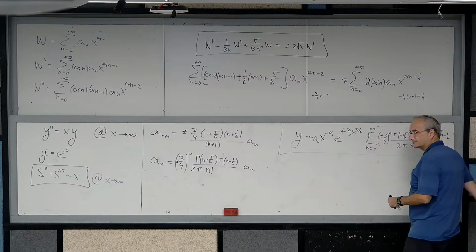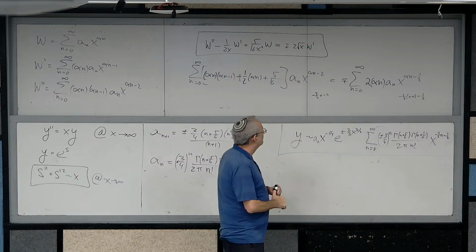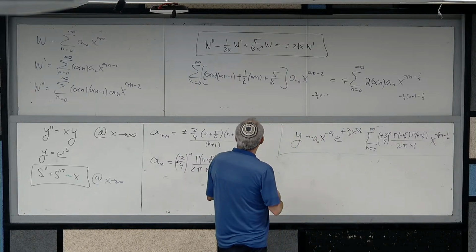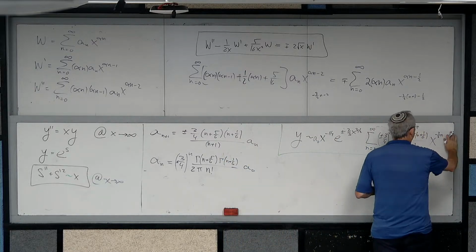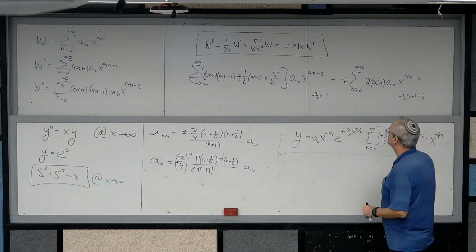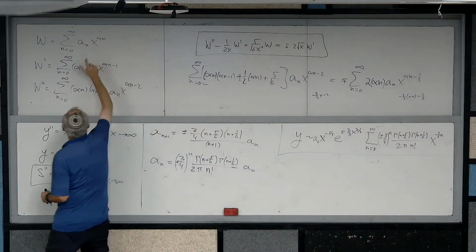Why do you subtract 1/2? No, you're right, minus the half. It should be, yes. It was being the derivative, alpha n, that one.